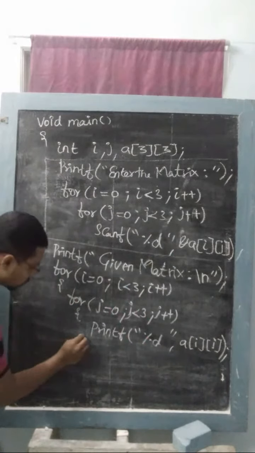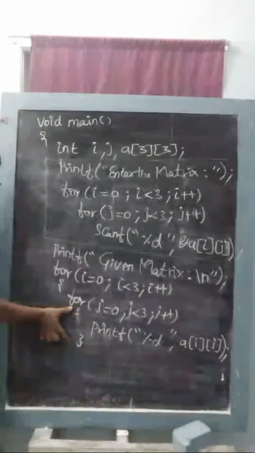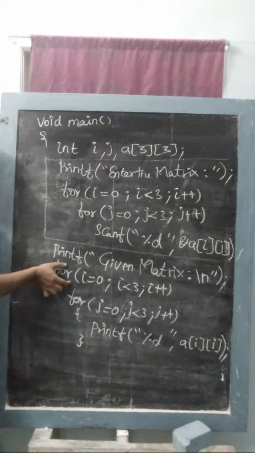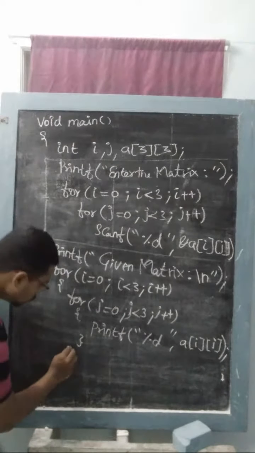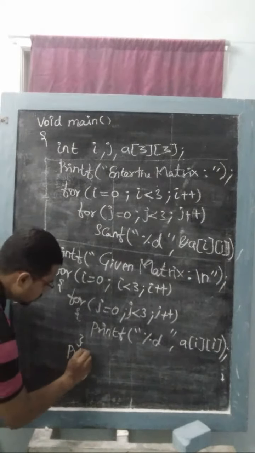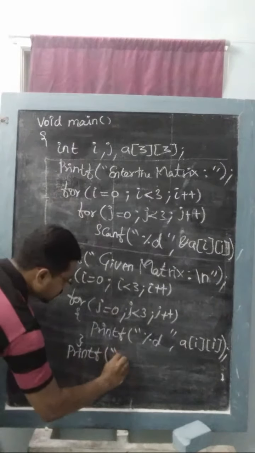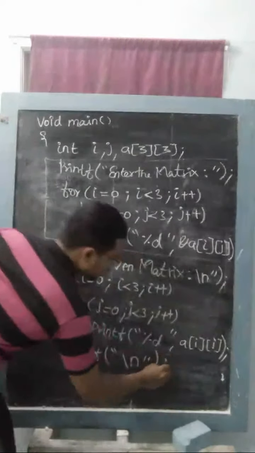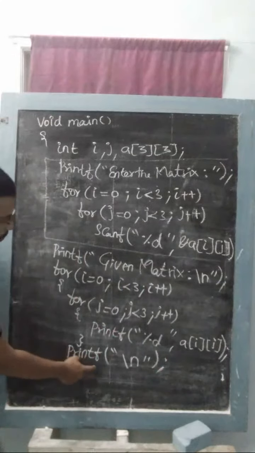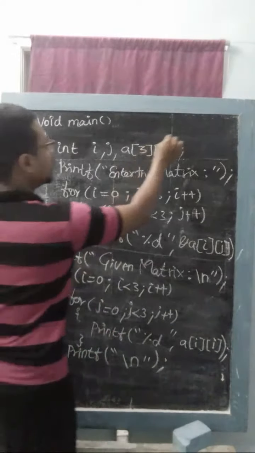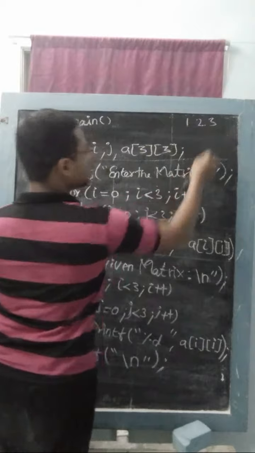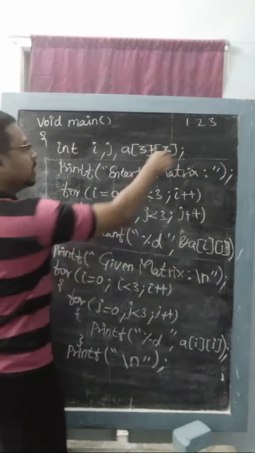I'm closing the bracket. This is the first statement of the outer for loop. And what is the next statement? That is printf "/n". What is the purpose of the /n? If the matrix is 1, 2, 3, the next element should be in the next row.